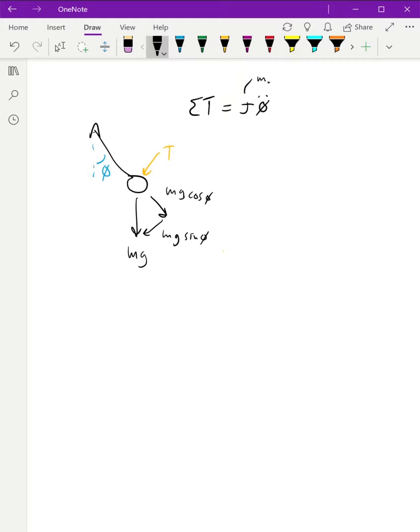J is going to be ml squared for a mass a certain distance away from its rotation point, and our sum of torques is going to be our input torque, T, and our force of gravity, minus mg sine theta, and then our lever arm, L. Right, this is a force, and then this makes it a torque with the L. That's equal to ml squared theta double dot.